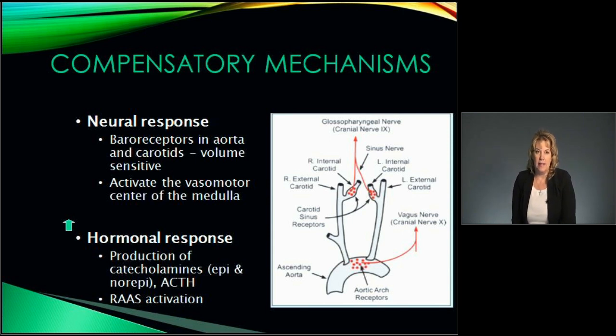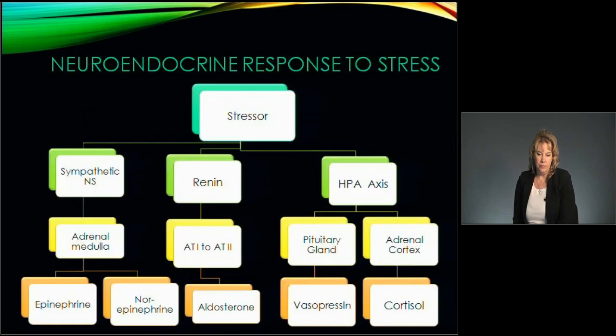That's what activates then the sympathetic nervous system, and so then that kicks in, tells the adrenals to release epi and norepi, and so we see that increase in production of those catecholamines. The adrenocorticotropic hormone is also released to help activate the hypothalamic pituitary axis as well, and adrenal axis as well. And then we have activation of the renin-angiotensin-aldosterone cycle, all being activated in response to this decrease in pressure or decrease in volume.